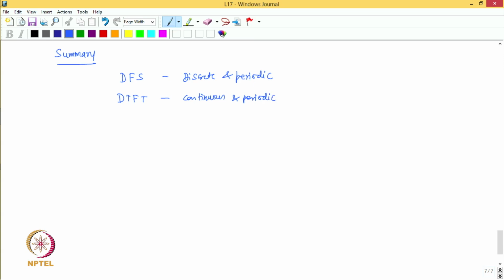So the DFS spectrum is discrete and periodic, the DTFT spectrum is continuous and periodic, and the DFT is discrete and finite, that is aperiodic. And we should note that x_a[n] is also discrete and finite.